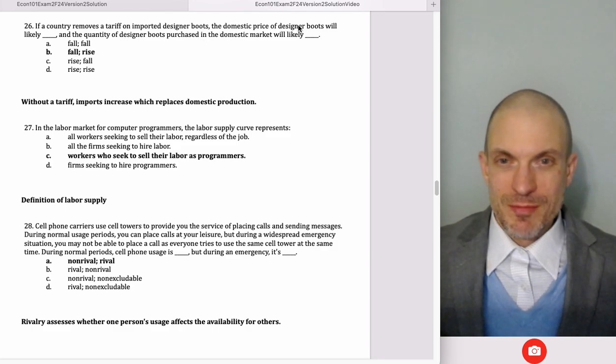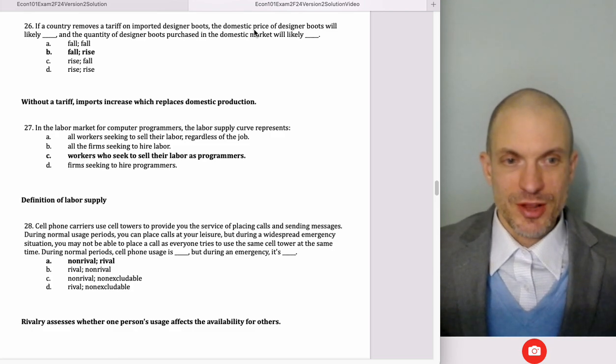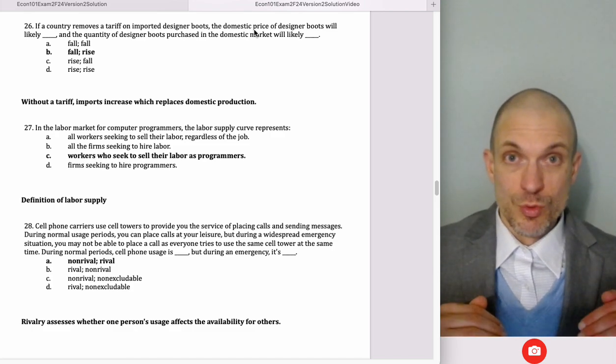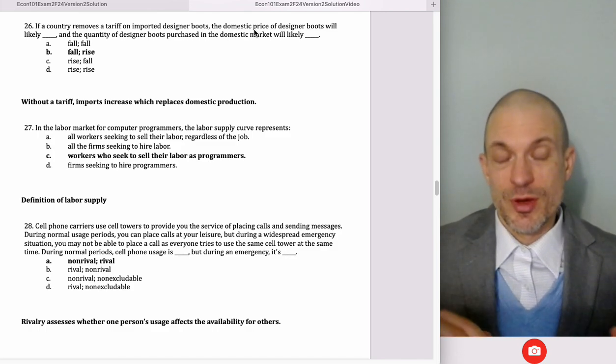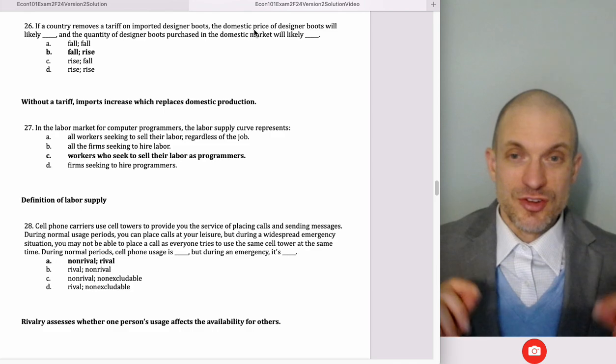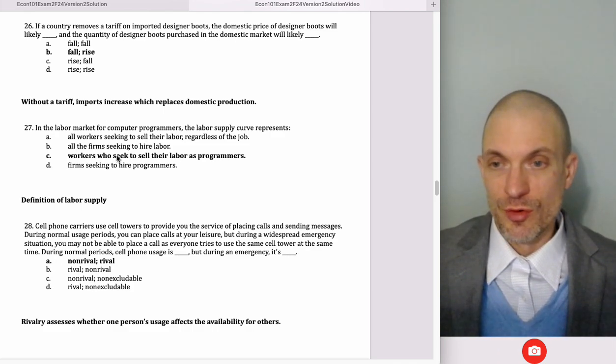And so the domestic price, this isn't the domestic equilibrium price. This means what's the price that you're going to pay for this good in the domestic economy, which becomes the world price when there's free trade, becomes the world price plus the tariff when there's a tariff imposed, and just becomes the domestic equilibrium when there's full protectionism and no free trade.